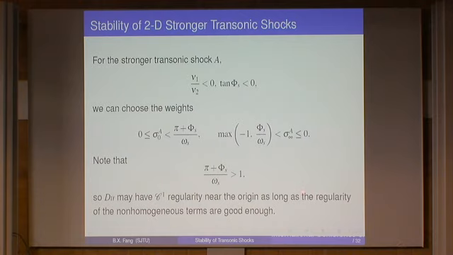So we also have the stability for the strong shock. And a byproduct is that this number is positive and larger than 1. This means that U is actually C2 regular near the edge. So it's a very good regularity there.